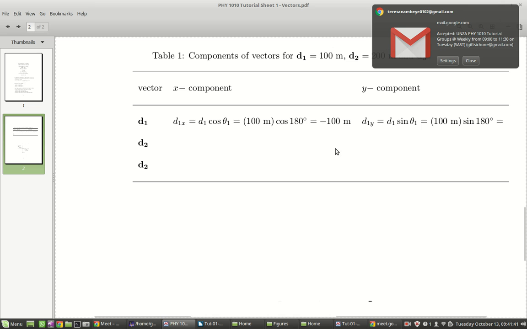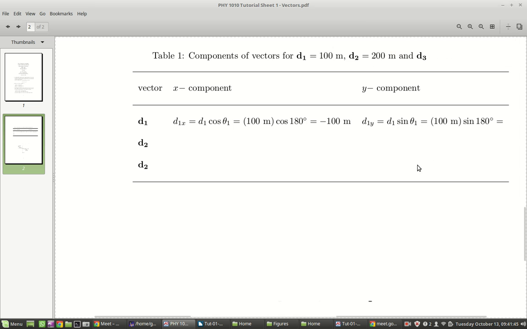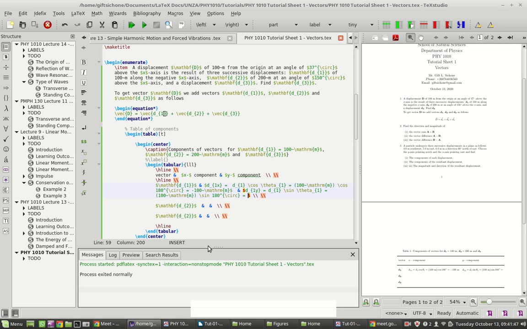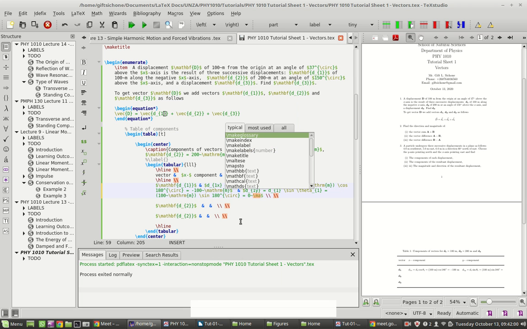So you have d1y equal to 100 meters times sin 180. How much is that? 0. It's not just 0, it's 0 meters.